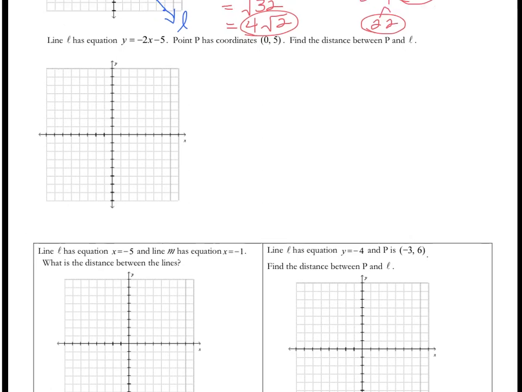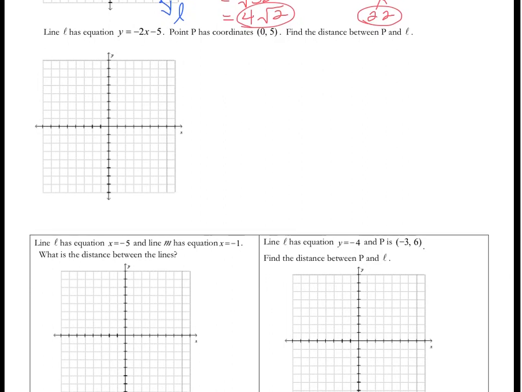Remember that however your line looks and wherever your point is, you want the perpendicular here. You don't want to be going vertically or horizontally to the line. Okay, you want to make sure that you're using the perpendicular to the line that you graph so that it looks like that from your point to your line.